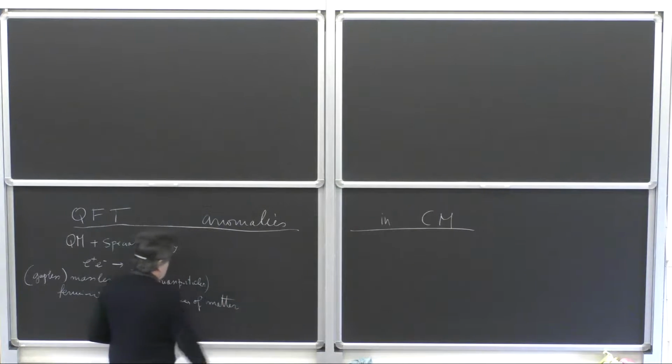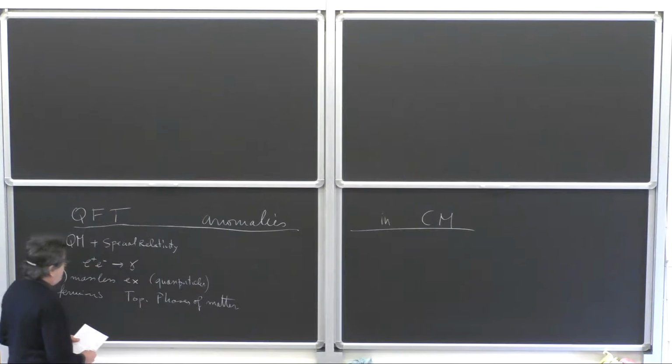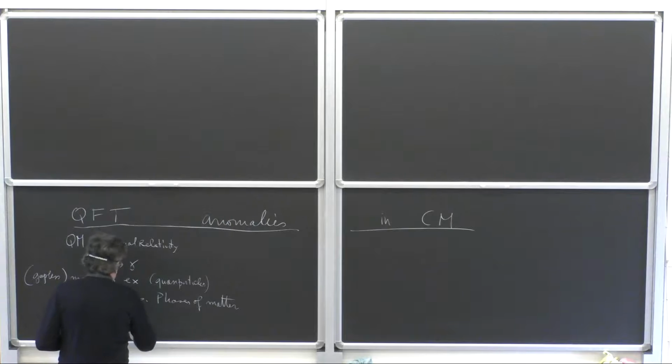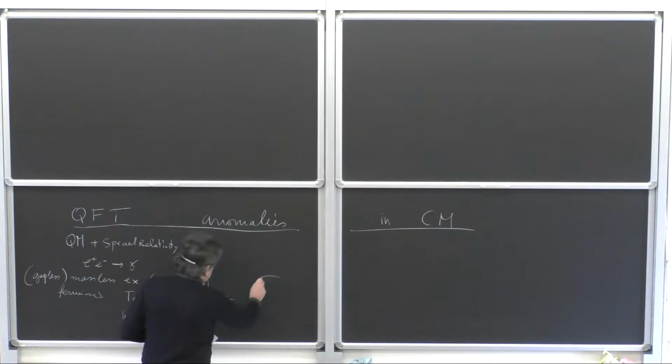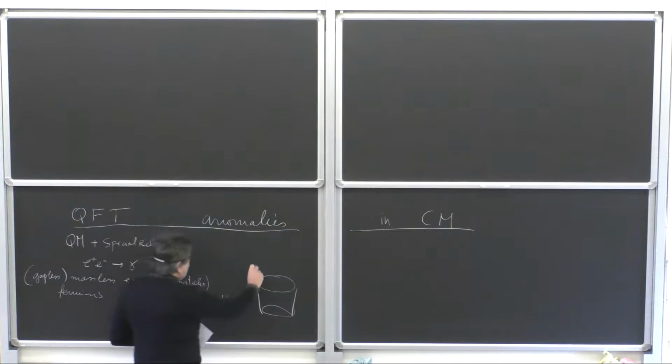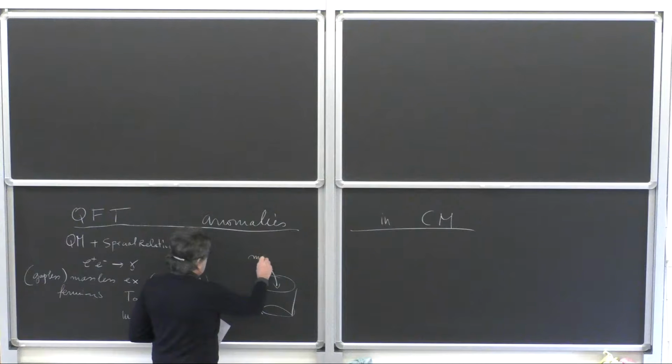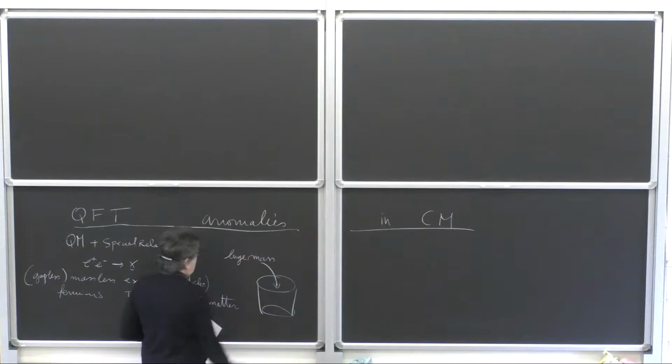In the simplest case, a topological phase of matter is characterized by a system, let's say some volume, and inside you have a large mass. Basically, there is no excitation.